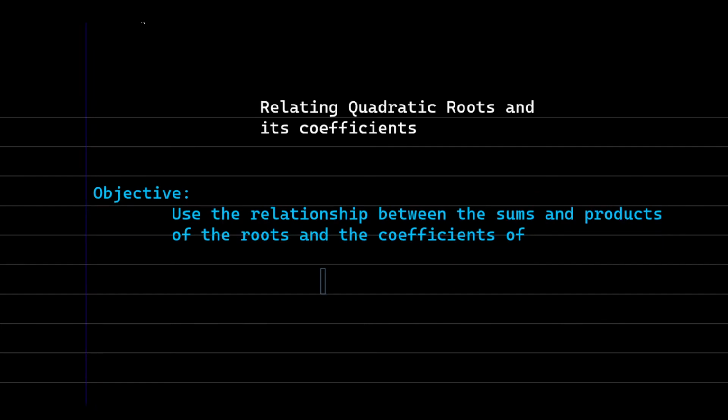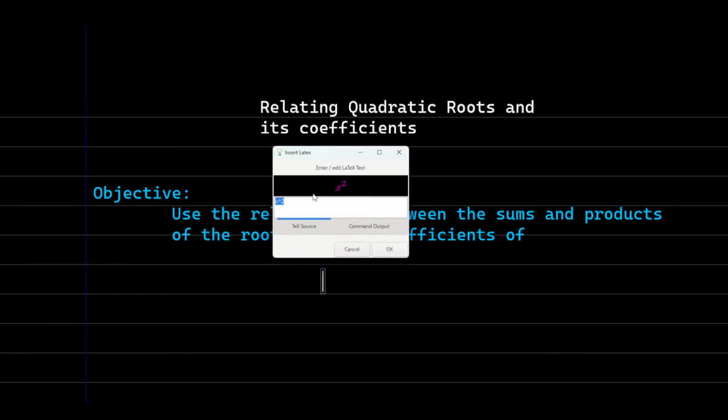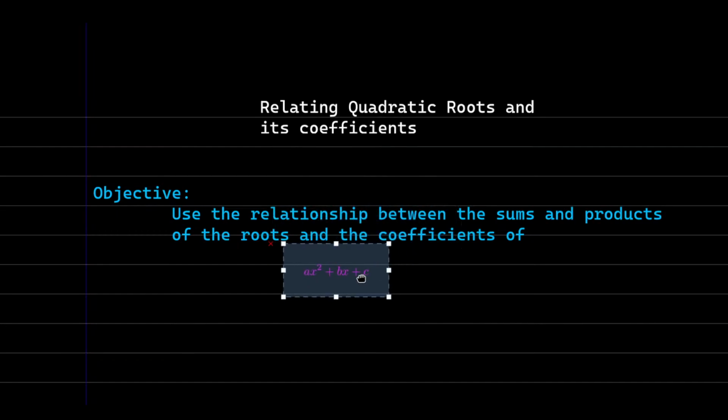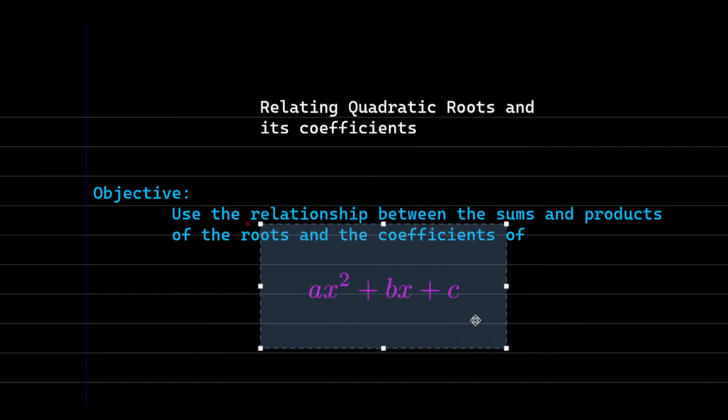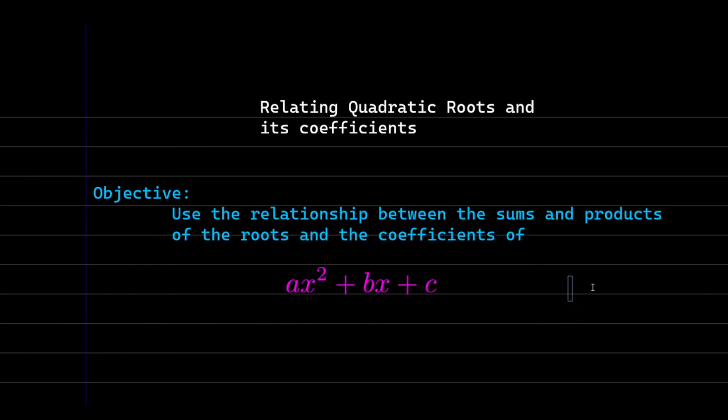I'm going to write that quadratic equation in pink so that you can see it properly. We'll have ax squared plus bx plus c. Right, so this is the quadratic that we're talking about here. Oh, and I forgot to do one thing, which is equal to 0, so I'll just put that there, equal to 0.